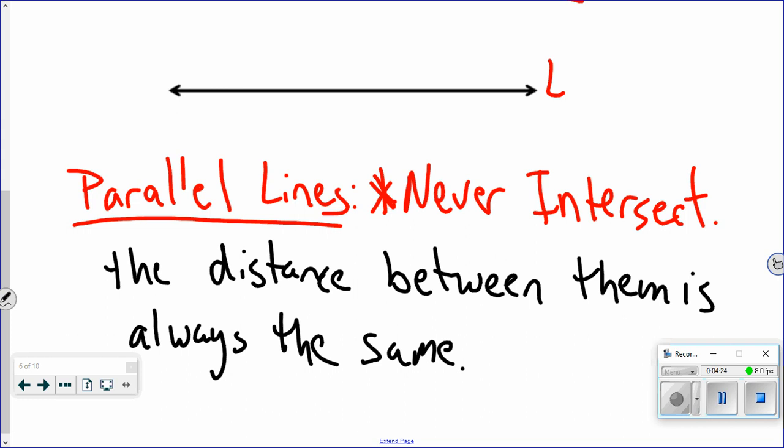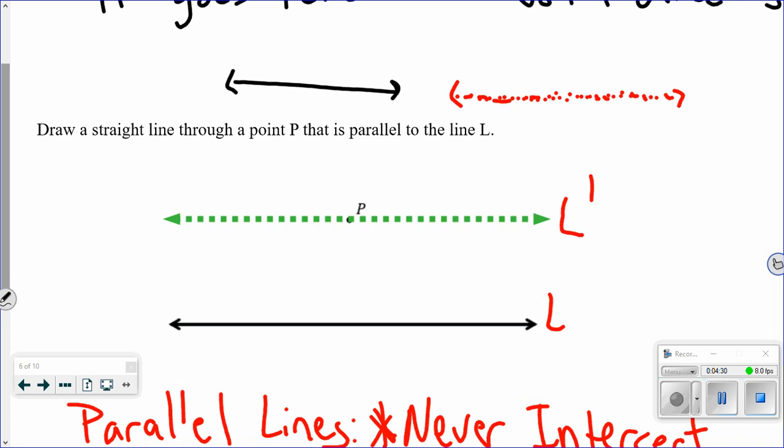So now what I want you to do is try to draw a second line through point P that is also parallel to line L. So again, please draw a second line through point P that is also parallel to line L. So please pause and try to do so. So now I'm hoping that you're kind of confused.